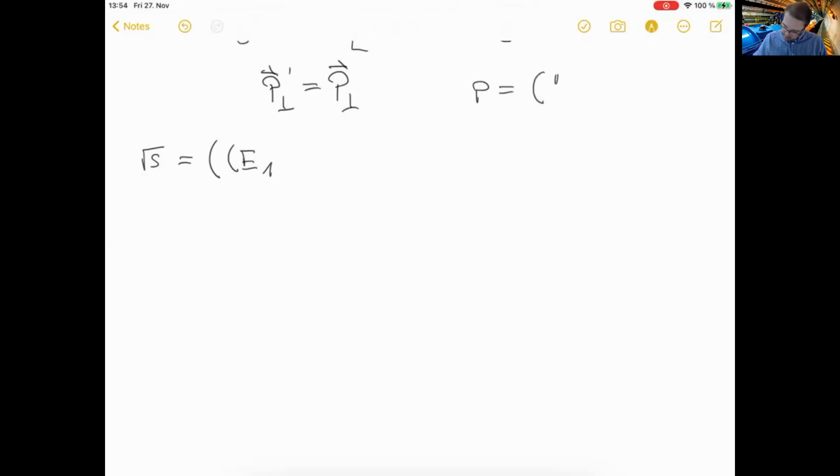We simply use the E and p notation, and it's trivial to insert these components. The negative sign is from the Minkowski metric, squared, and then we have the square root here.